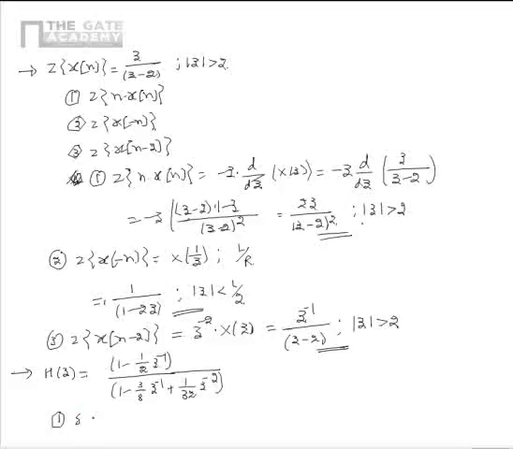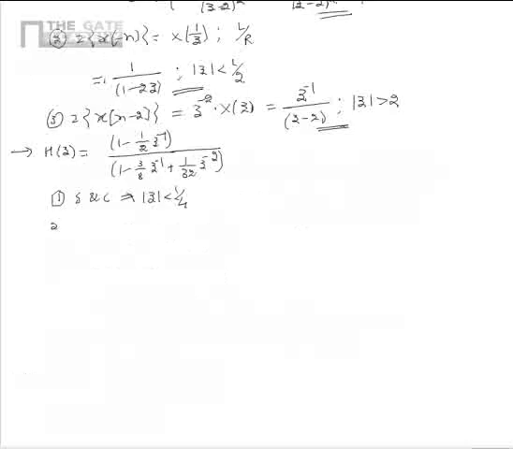Statement 1 is that the system is stable and causal for mod z less than 1 by 4. The second statement is that the system is anti-causal for 1 by 8 less than mod z less than 1 by 4. As per statement 3, the system is non-causal and unstable for mod z less than 1 by 8. We have to find out which of these three statements are correct.